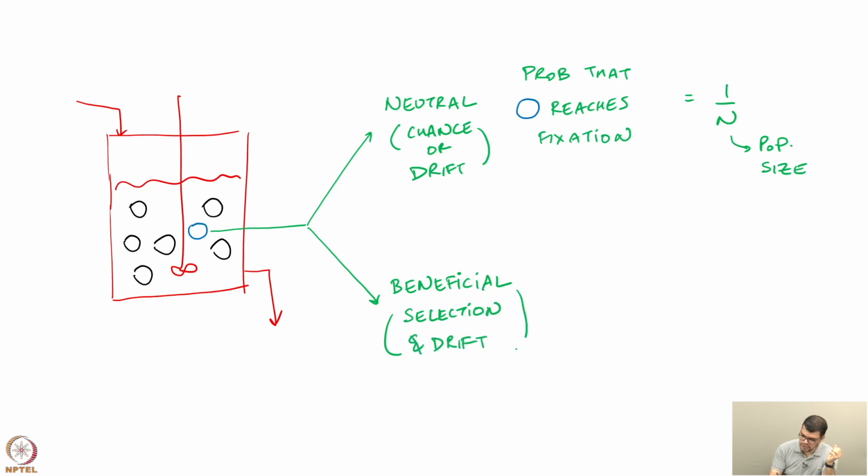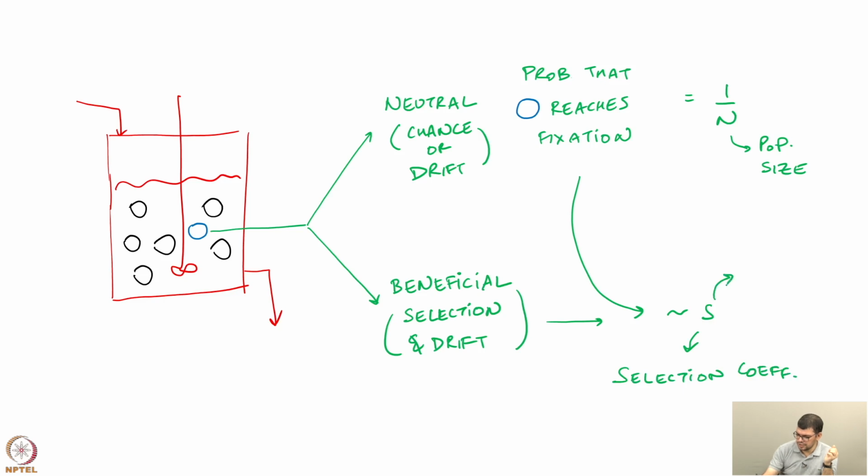And what we saw in that case is the probability that it reaches fixation is approximately equal to S, where S is the selection coefficient associated with the mutation that has occurred.